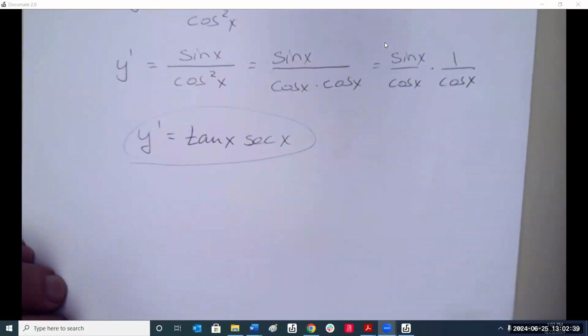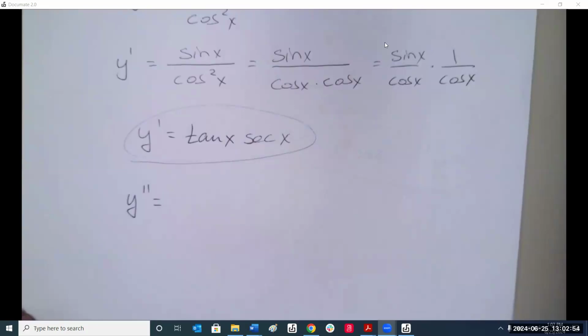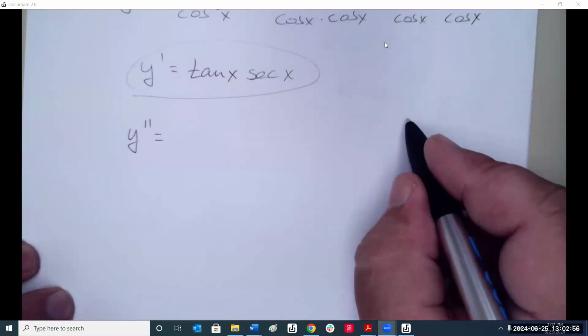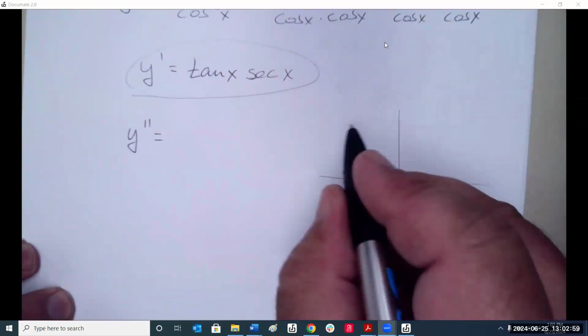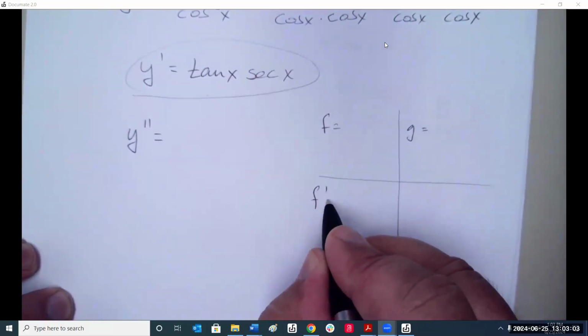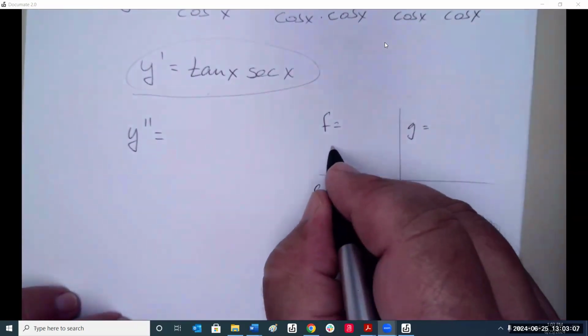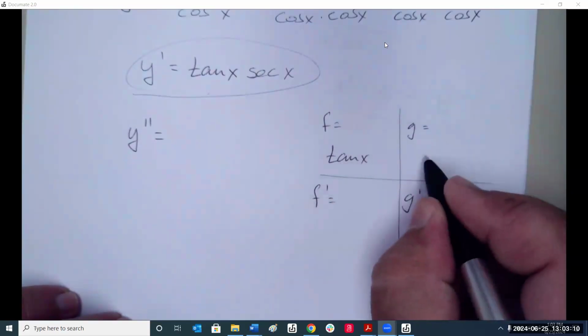Now it's going to get a little bit hairy. But it doesn't have to, because once you have done something, you can always refer to it. The second derivative will be this product. So we have tangent and we have secant.